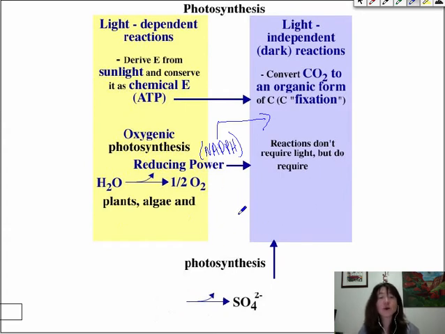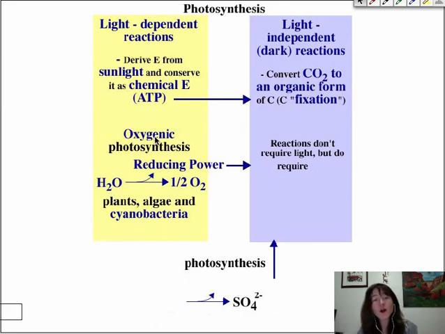Oxygenic photosynthesis, well, yes, it is the one that's done by plants, but remember that more than half of the world's oxygen is generated from microbial life. So it's not just plants, but it's also algae and of course our prokaryotes such as cyanobacteria that are also capable of ripping electrons off of water. But of course we know that oxygenic photosynthesis is not the only kind, and not everything strips its electrons from water.